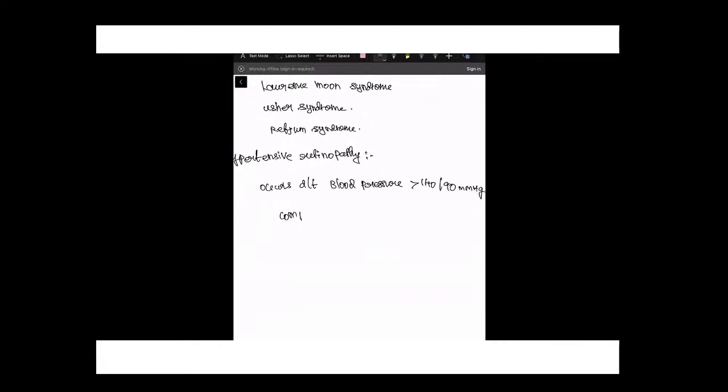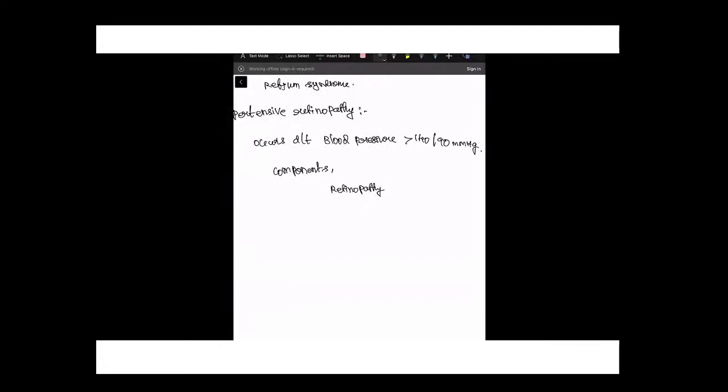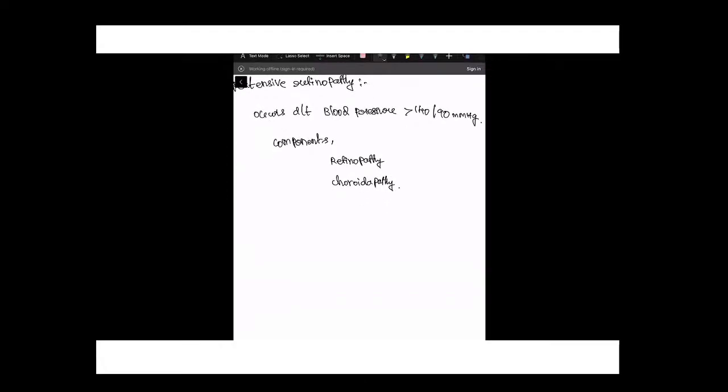Components of hypertensive retinopathy are retinopathy, choroidopathy, inflammation of the choroids, and damage to nerves, neuropathy.